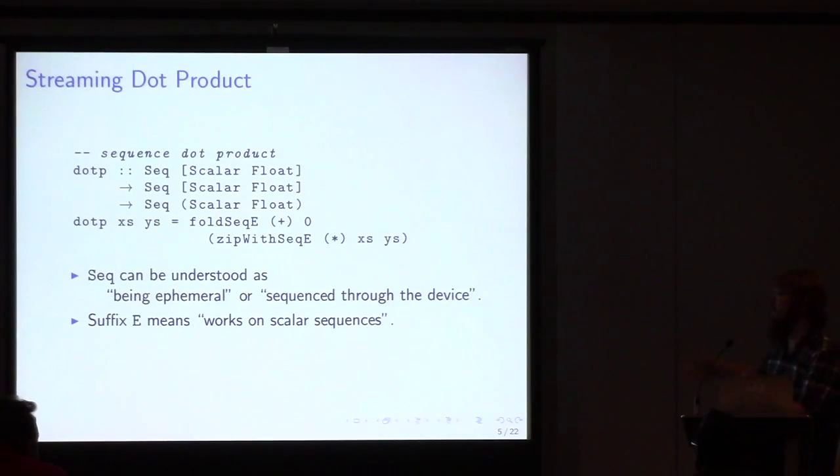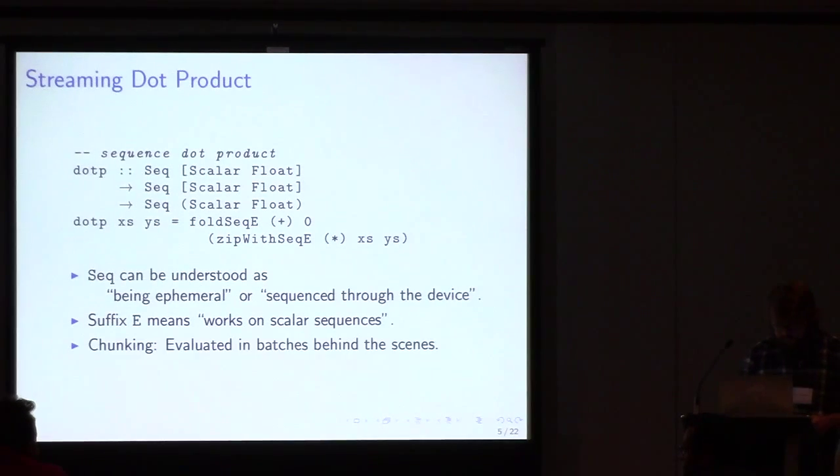So we have some more general variants of the same operations that I'll get back to later. And the whole point of having this is that the programmer should know that this will be evaluated in batches behind the scenes.